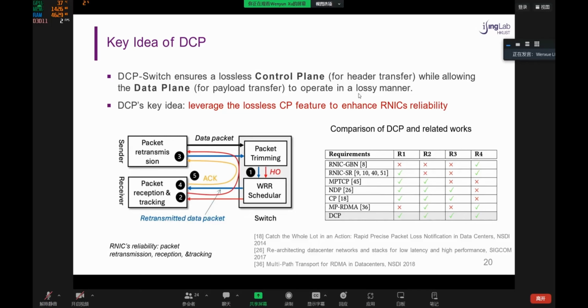This detailed RDMA-related design is not mentioned in either CP or NDP. So I think that's the primary difference between DCP and them, because they are both designed for software in the host, and we designed for hardware in the host.